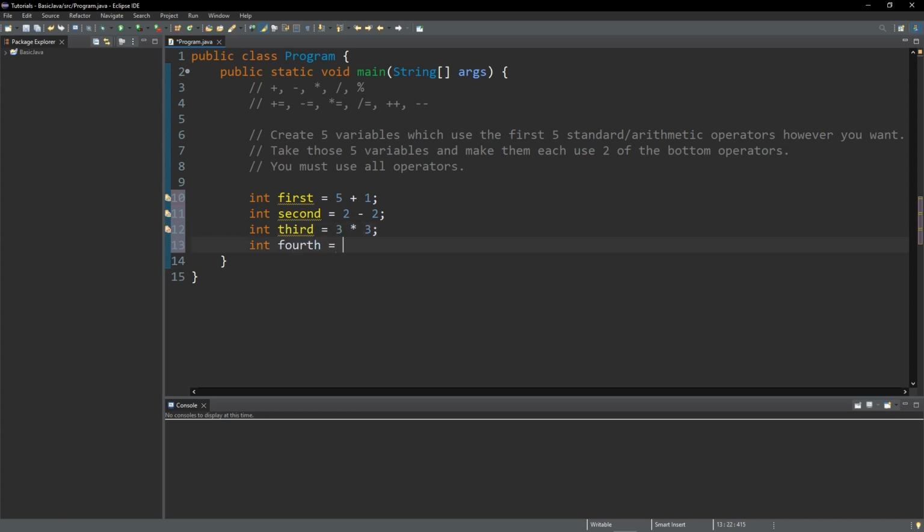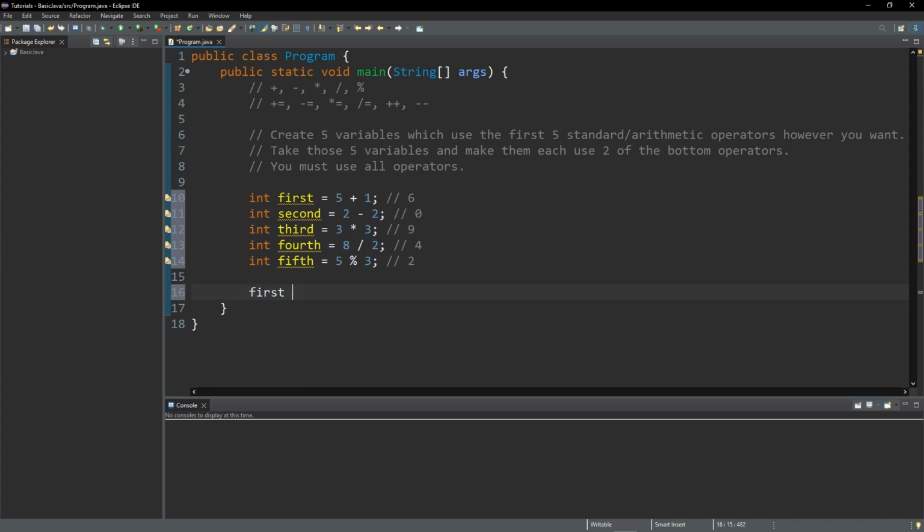Int fourth equals 8 divided by 2. Int fifth is equal to 5 mod 3. Okay, cool. So let's guess the answers. This will be 6, this will be 0, this will be 9, this will be 4, and this will be 2.